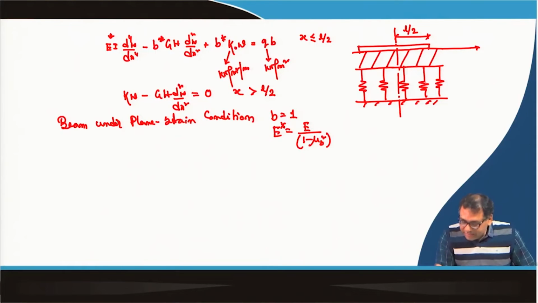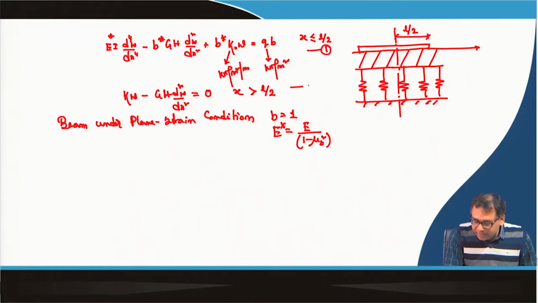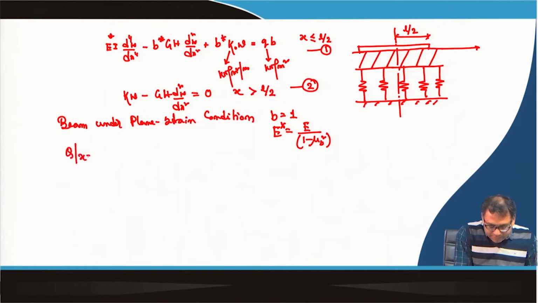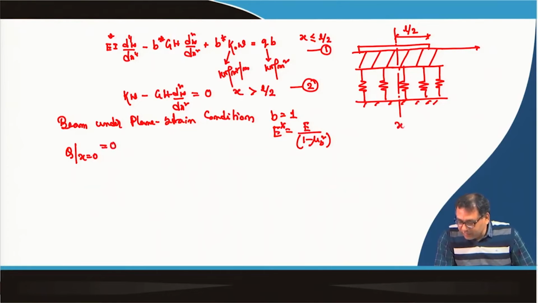So, what are the boundary conditions in such a case? Now we have equation number 1 and equation number 2. For equation number 1, the boundary condition is that the shear force at x equal to 0 is equal to 0, because this is x equal to 0 and this is x equal to L by 2.